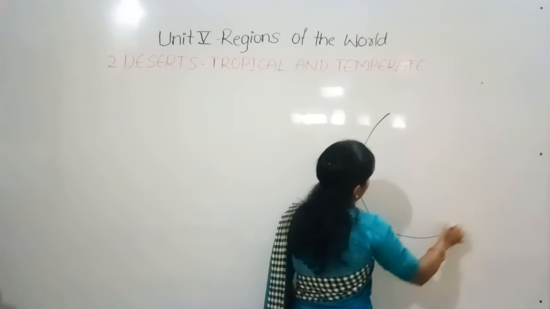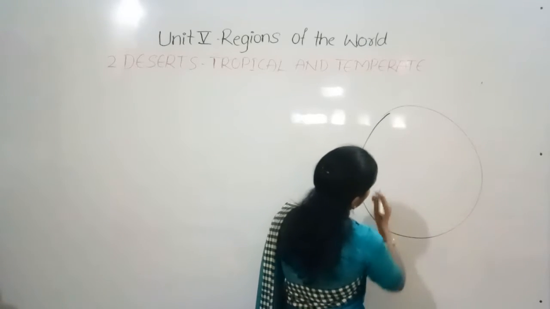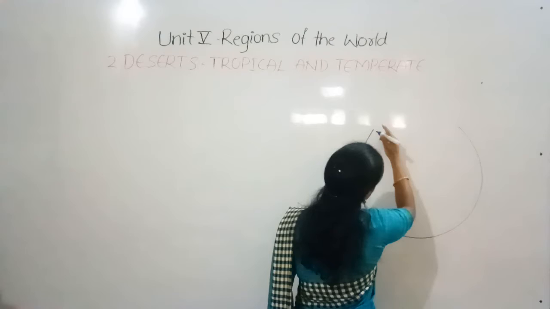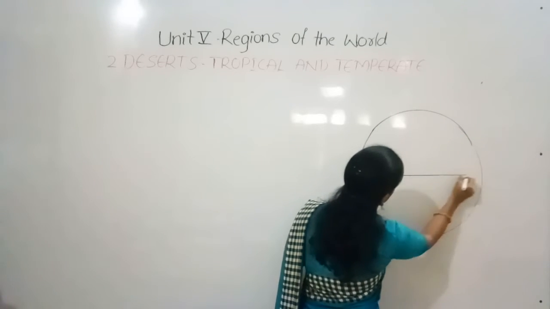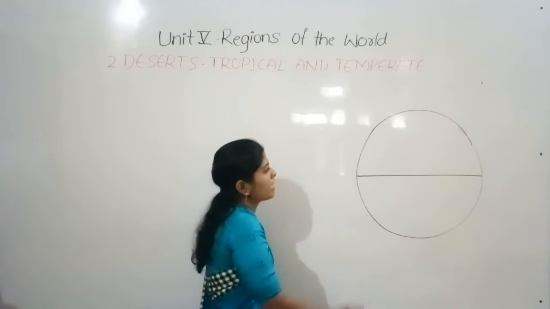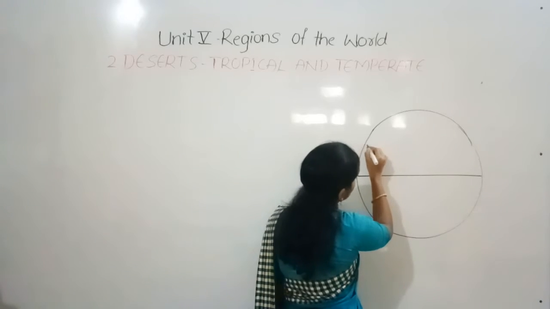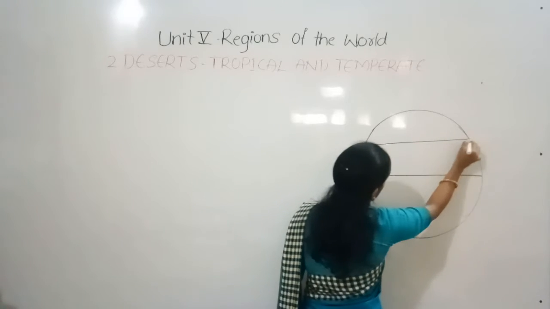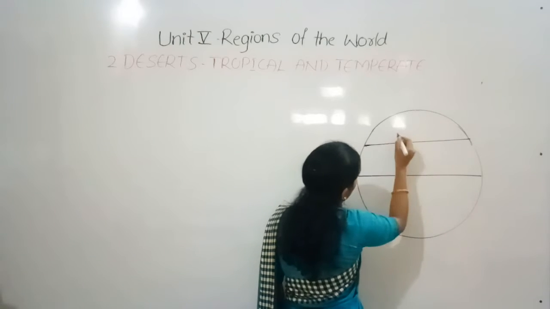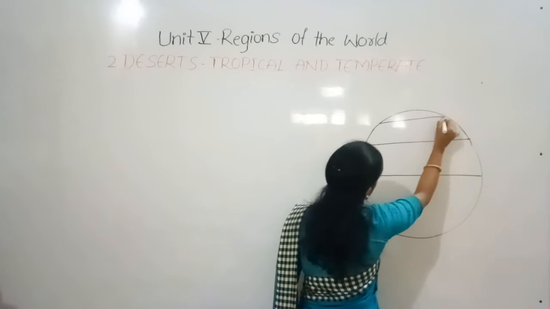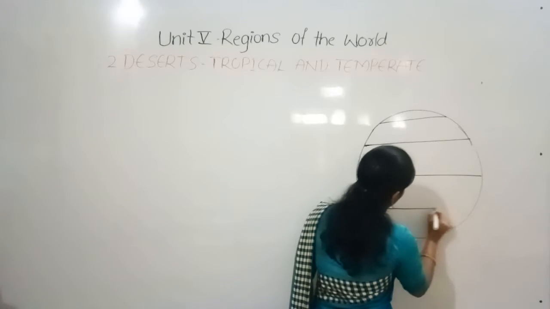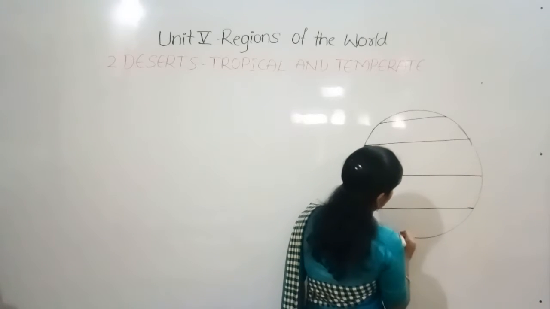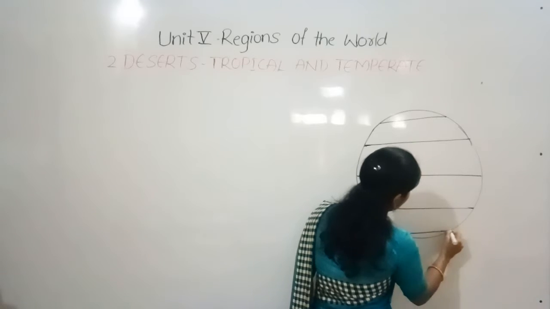So if this is the earth, this is the equator which divides the earth into two equal halves, and this is the Tropic of Cancer, and this is the Arctic circle, and this is the Tropic of Capricorn, and this is the Antarctic circle.